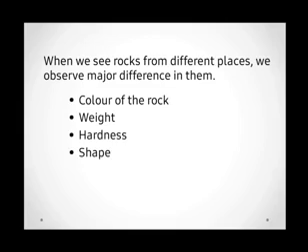Shape of the rocks is different at different places. That is, in a mountainous region, the shape of the rock is huge, whereas the rocks in our area are different. Porosity. Porosity means how many holes or passages a rock has.